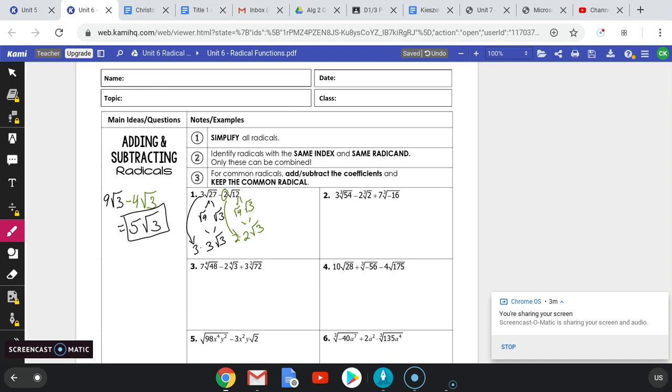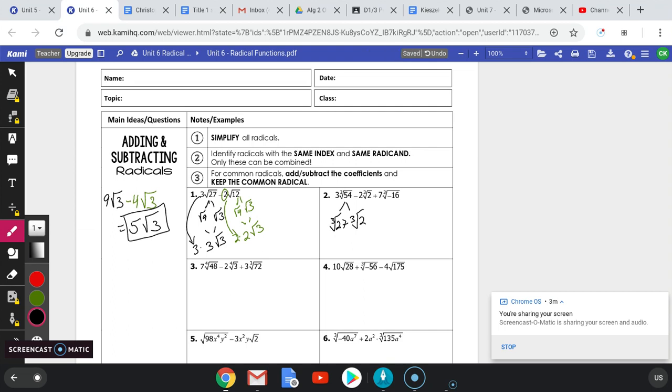Let's look at number 2. In number 2, all the indices are the same, so we have to simplify these cube roots. Now, cube root of 54, so we have to figure out what's the biggest perfect cube that can go evenly into 54, and that would be 27. And 2.